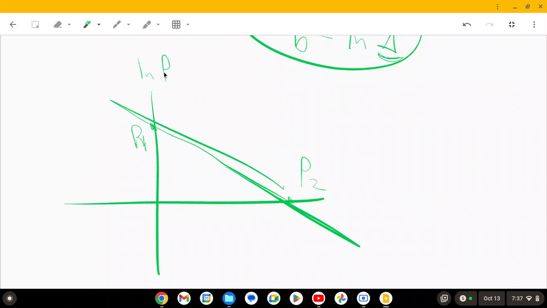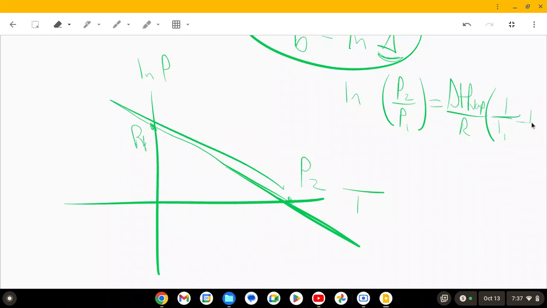So the natural log of pressure, this is temperature, so the ln of P2 over P1 equals delta H vap over R, because this is just your constant term. Is it 1 over T1 minus 1 over T2? Yep. So that's P1, P2, T1, T2.